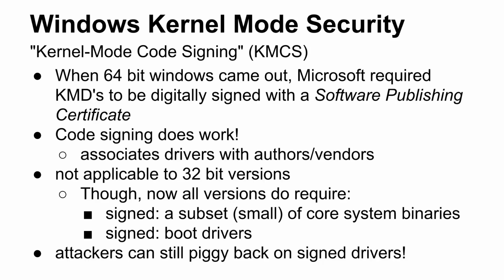And at least at the 32-bit level, they require all the core binaries, or at least a subset of them, to be signed. So how this works is that a kernel mode driver will have a signature either in the binary or in the same directory pertaining to the binary itself.